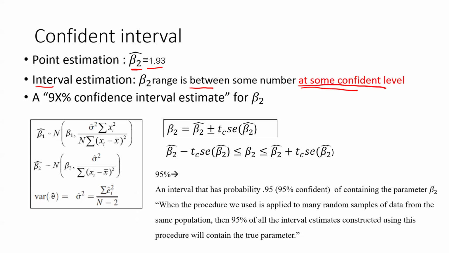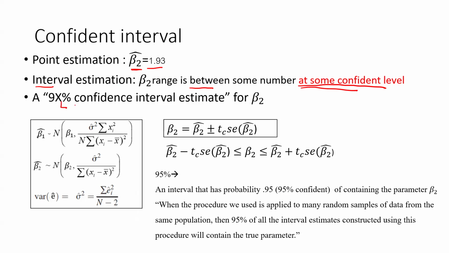In economics and statistics, there are three main confidence levels. So we would say we have a 95% confidence interval estimate for beta 2.